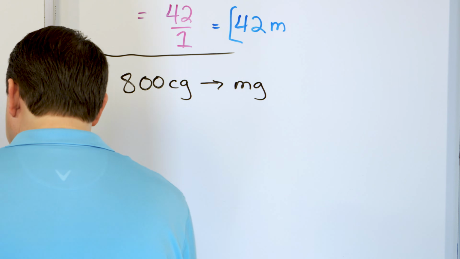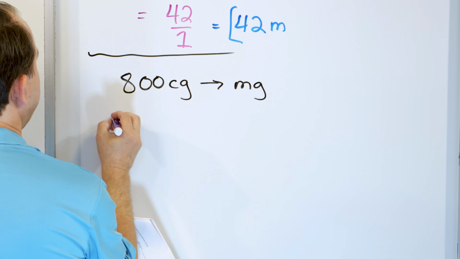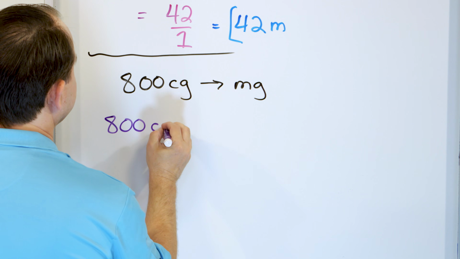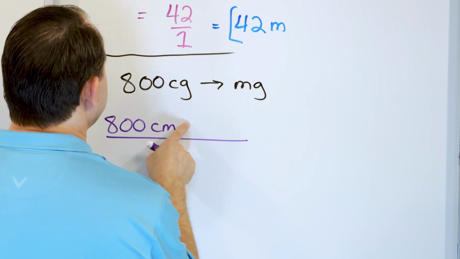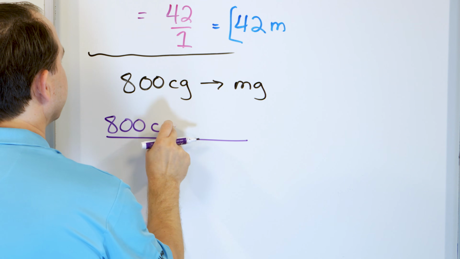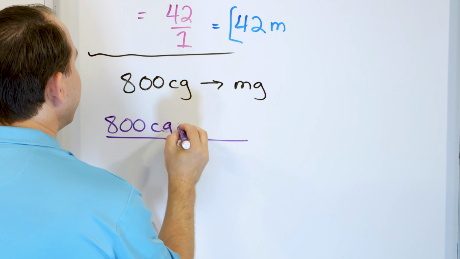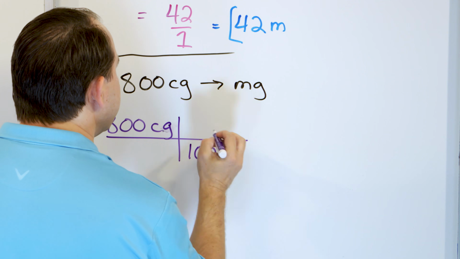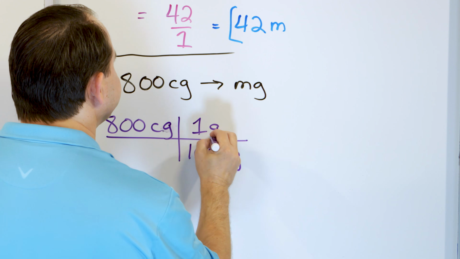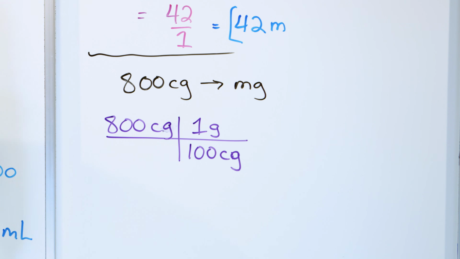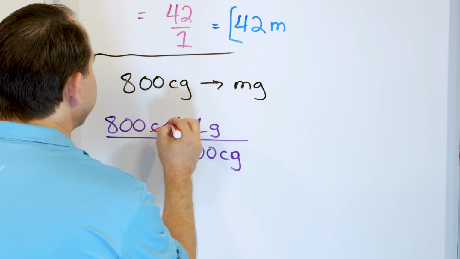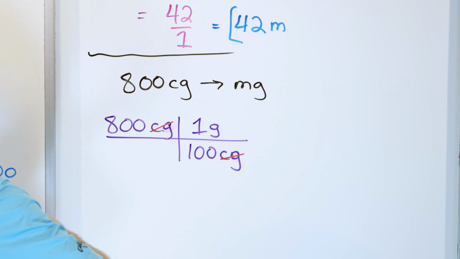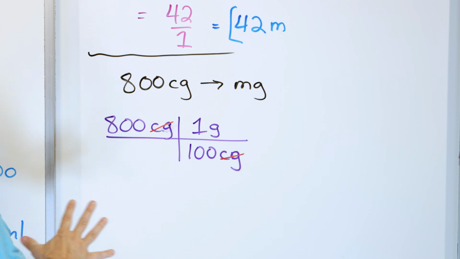So let's first write down what we know. 800 centigrams, oops, not centimeters, centigrams. And we just said that 100 of these little centigrams is 1 gram, right? And we have to write it like that because that's the only way that centigrams will cancel. If we stop the calculation, we'll be left with grams, but we don't want to stop there.